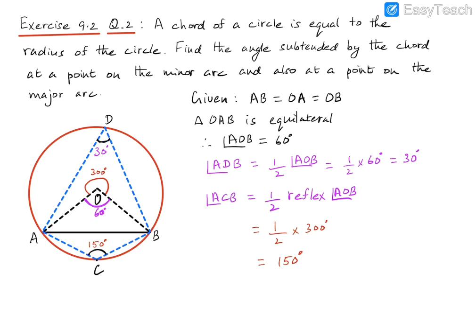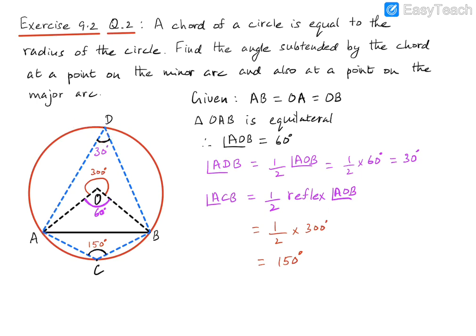Okay, so we have basically used the property that the angle at the center is double the angle at the circumference. How did we get this relationship that ADB is half of AOB and angle ACB is half of the reflex AOB? This is from the theorem, which states that the angle at the center of the circle is equal to twice the angle subtended at any other point on the circle.